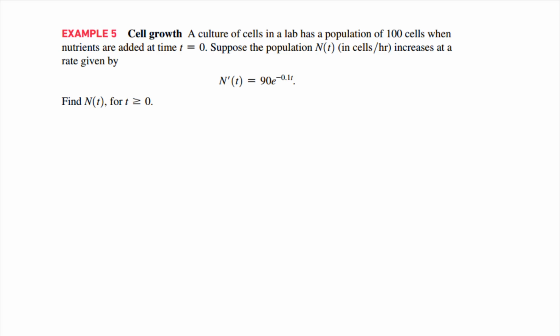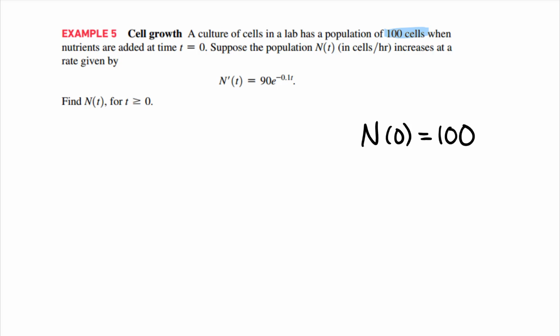All right, so cell growth. A culture of cells in a lab has a population of 100 cells when nutrients are added at time t equals 0. That means Q of 0 is equal to 100 cells, so its initial value was 100 cells. Oops, can't call it Q. They're using N. Sorry about that.